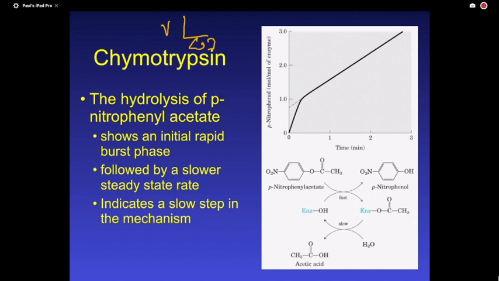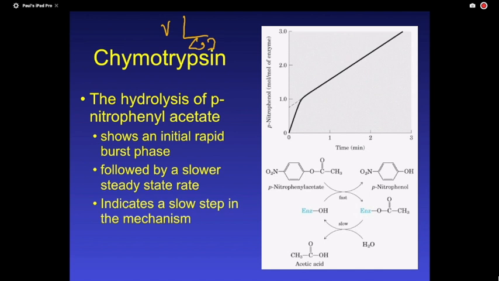What is the rate of this reaction? Can you answer the question, what is the rate? Why can you not answer the question, what is the rate? Because it changes. And there is a significant sudden change, right?